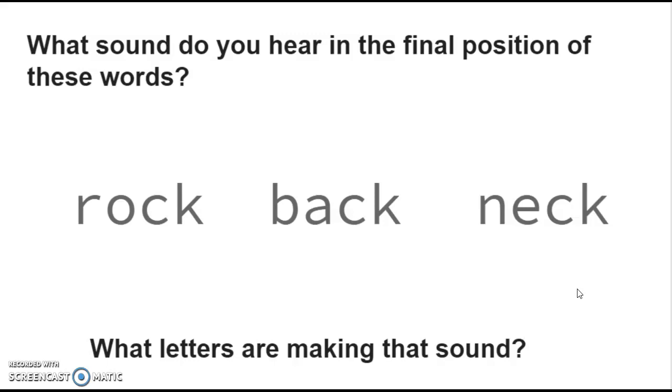Look at the letter right before the digraph CK in each word. What are those letters? O, A, and E. Are they consonants or vowels? Vowels. Right. Are the vowels long or short?